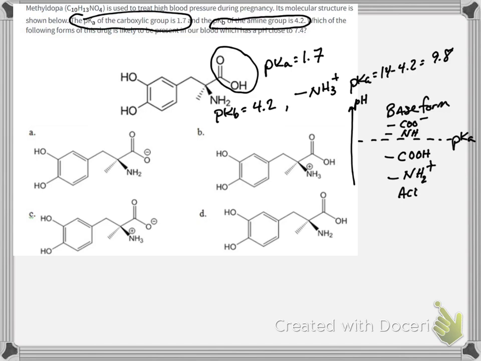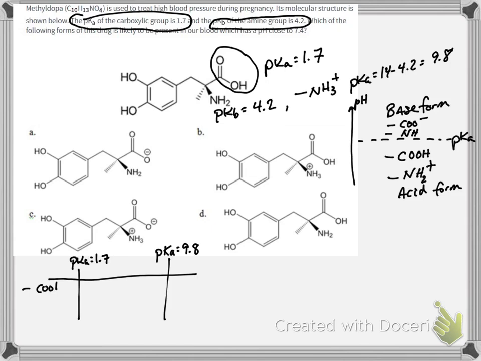And so we can create a number line. The number line looks like this. We put our first pKa of 1.7 here. Draw another line, pKa equals 9.8. And that's just going to help us organize our groups. So first of all, any pH less than the pKa is definitely going to be in an acid form.